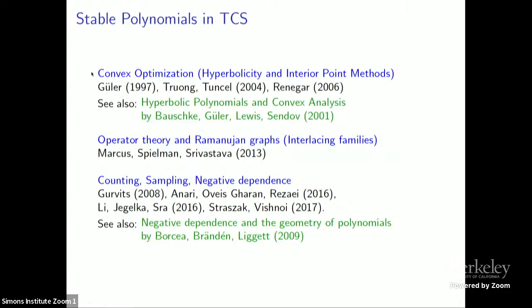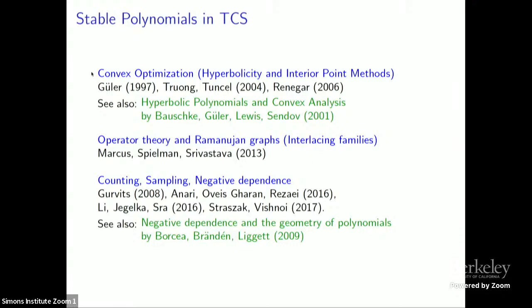So these have appeared in various ways in theoretical computer science. This is not a complete list, but hopefully a representative sample. For example, in the late 1990s, early 2000s, these were used as a theoretical tool for various types of convex optimization problems that generalize linear programming and semi-definite programming.